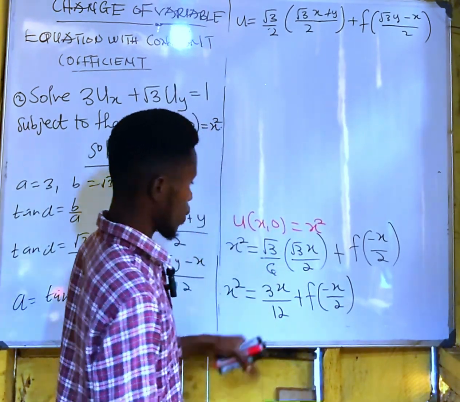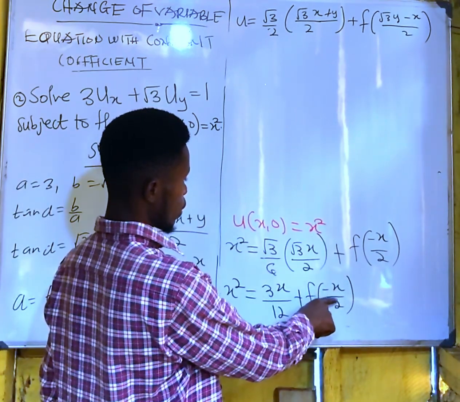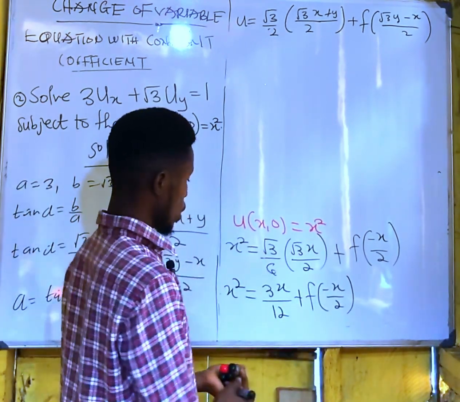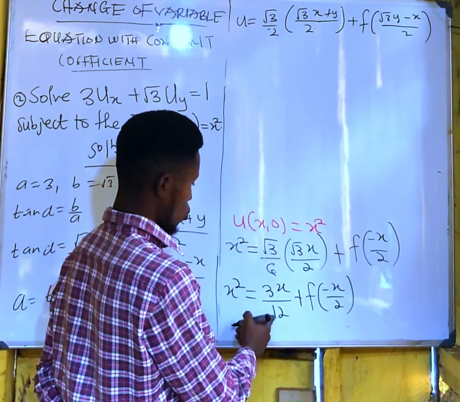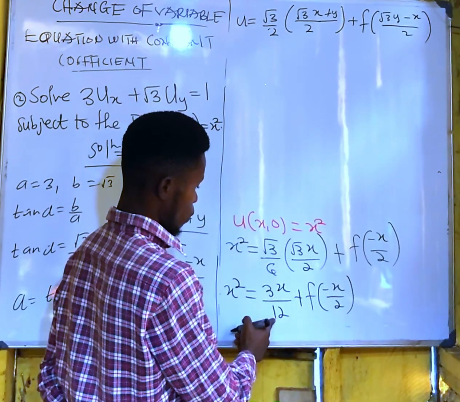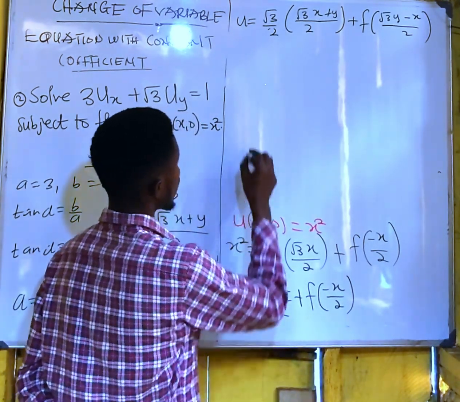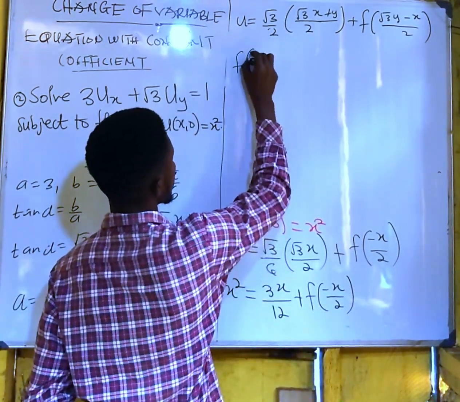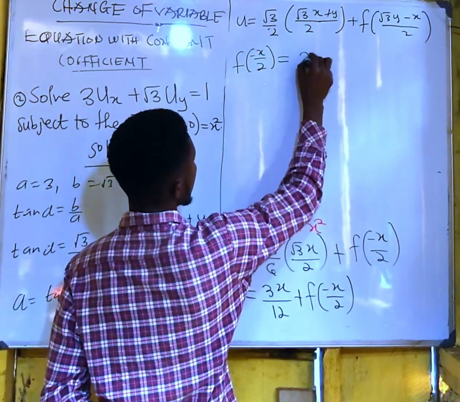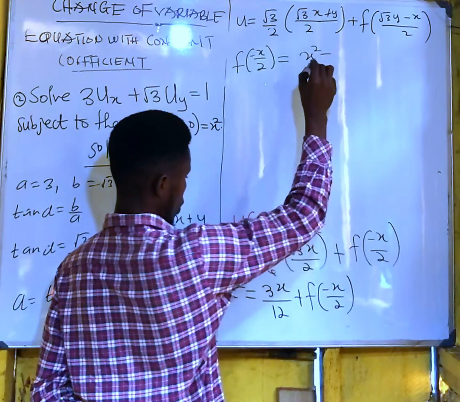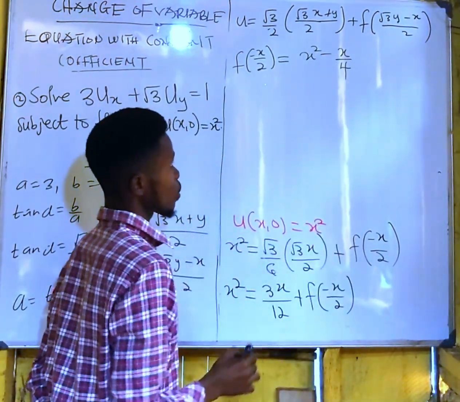So here I'm trying to make f at negative x over 2 the subject. In this case, 3 can go into 12 4 times. So if I bring it here, I'm going to have f at negative x over 2 to be x squared minus x over 4. Is that okay?